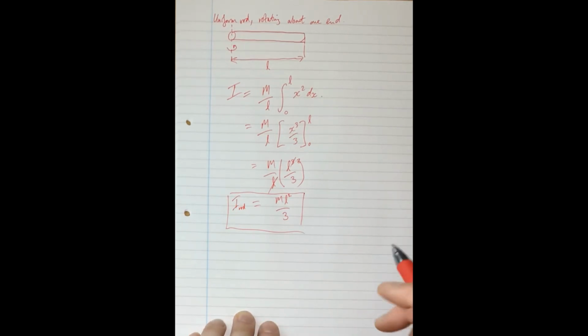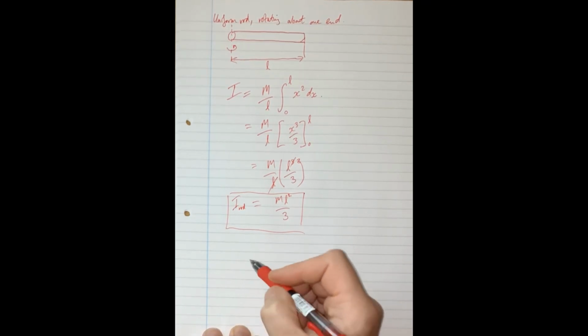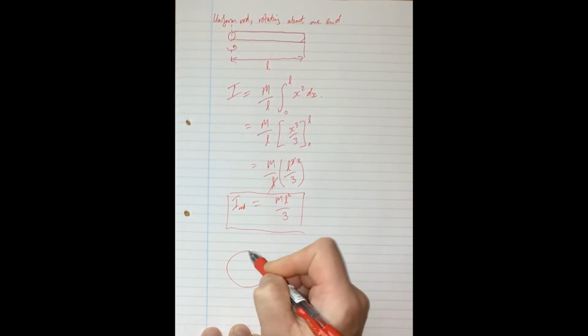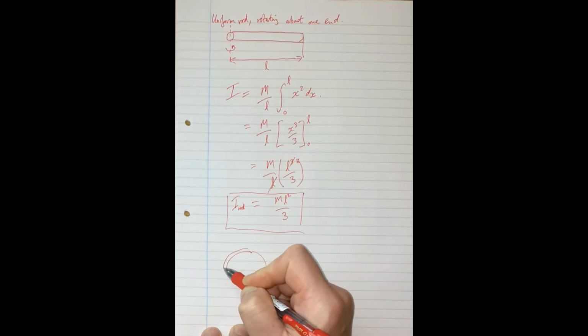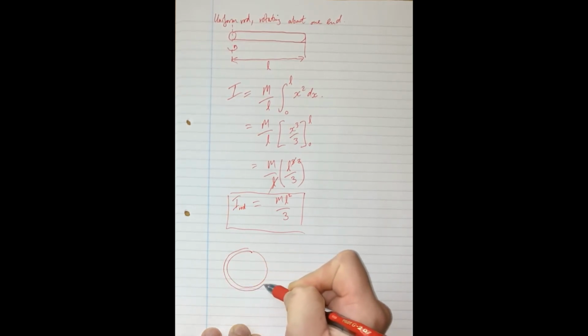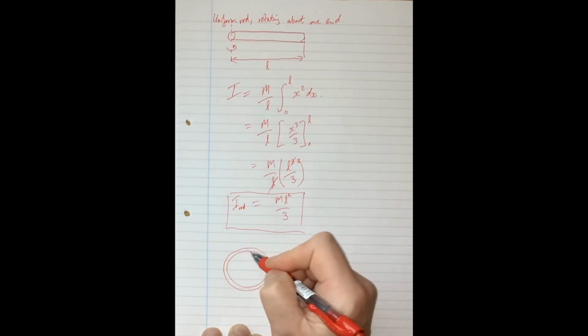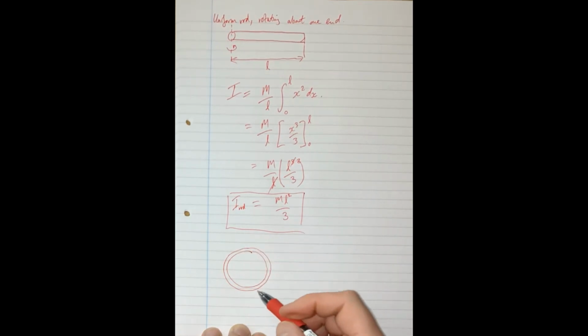Okay, next example is looking at a flat ring. So here it is. This ring has mass m.